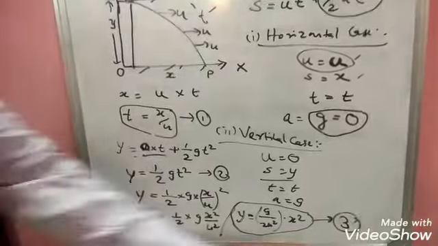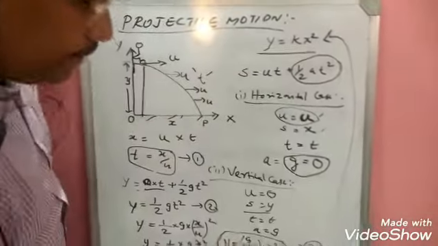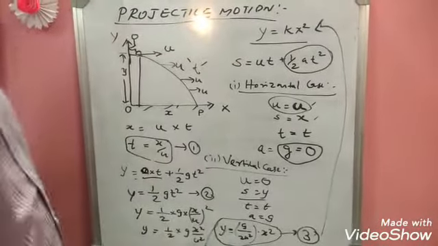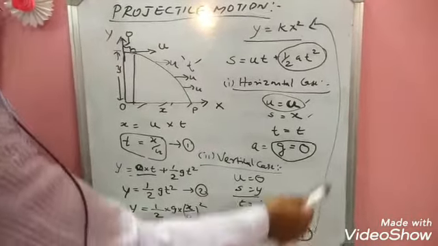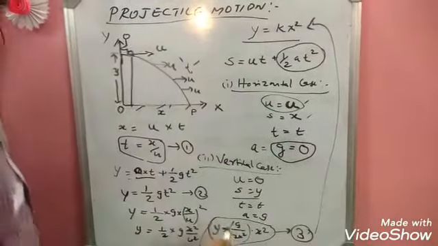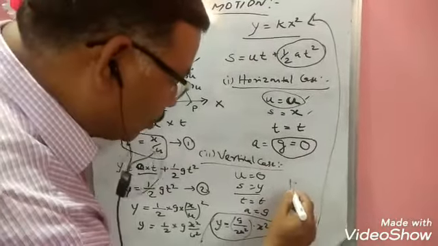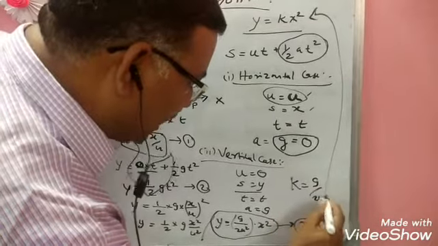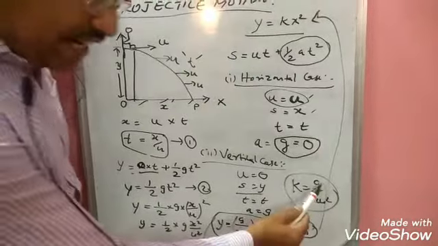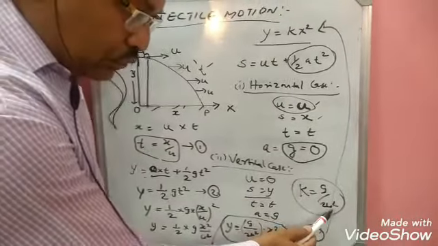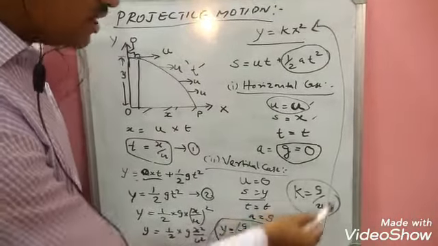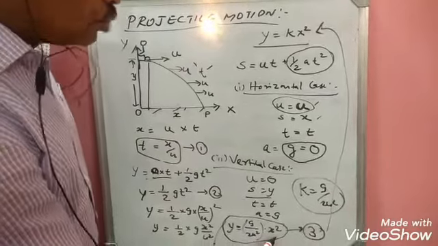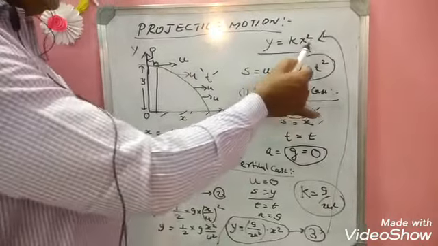This equation number 3 is in the form of y is equal to kx square, which is the equation of a parabola. y is equal to g by 2u square into x square is equation number 3, which is in the form of y equal to kx square, where k is equal to g by 2u square, a constant, because g is already a constant, 2 is a number, and u is the horizontal uniform velocity, which is constant throughout the motion, so the whole thing becomes constant. So we can write y is equal to kx square. The last equation is in the form of y equal to kx square.